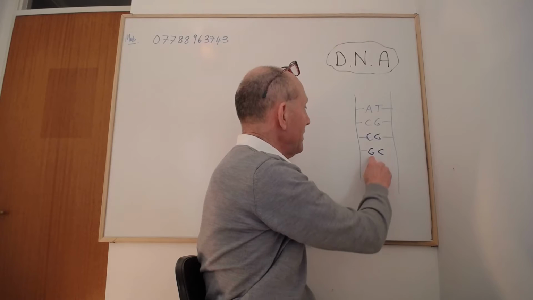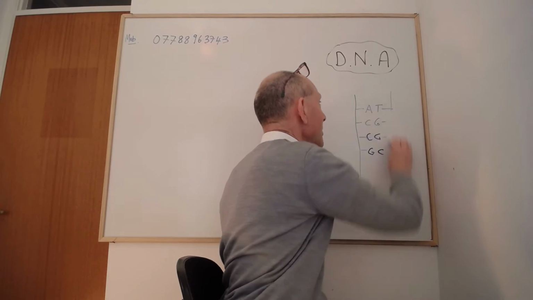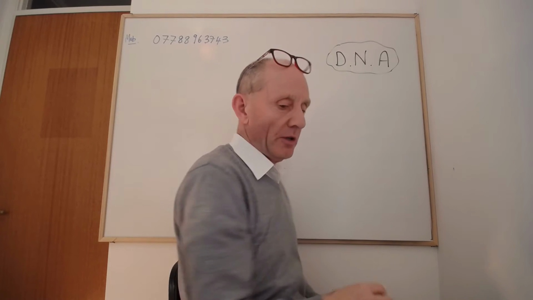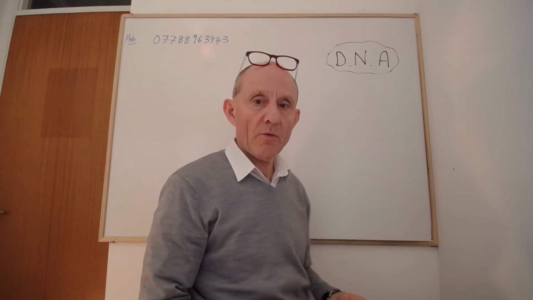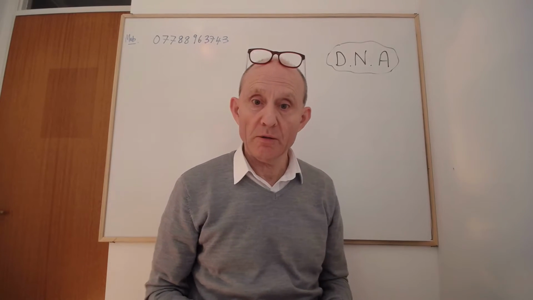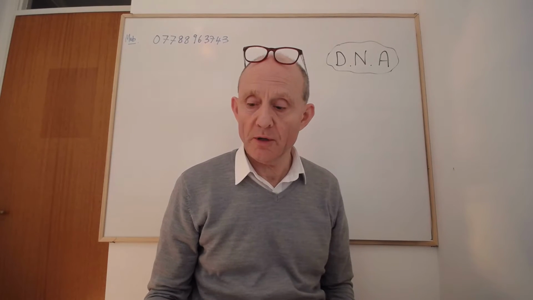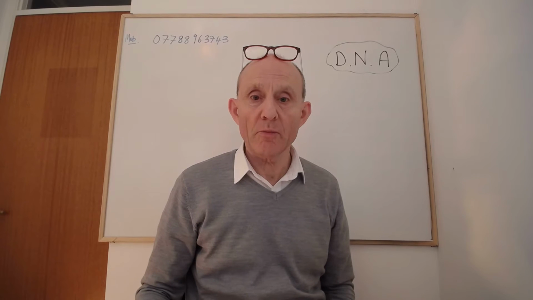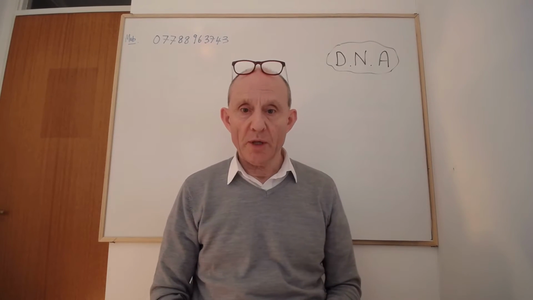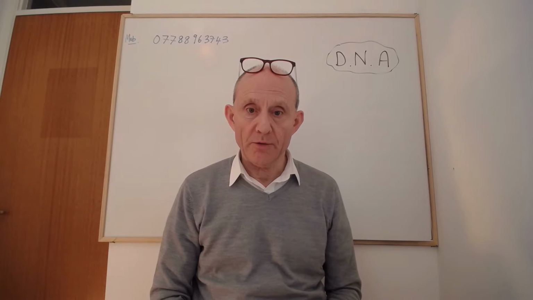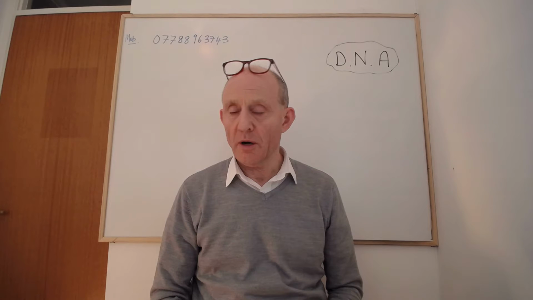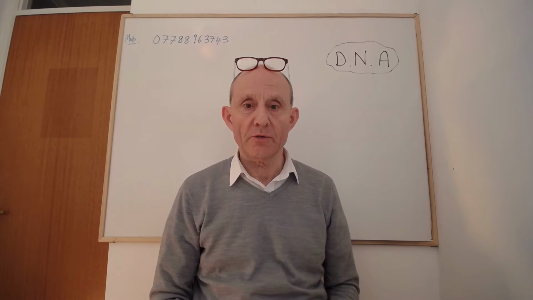Now, if we look at the bases more closely, or look at the structure of DNA, we find that DNA is a big molecule, sometimes referred to as a macromolecule or a giant molecule, and it's made up of smaller molecules or subunits, and the subunits in the case of DNA are referred to as nucleotides.